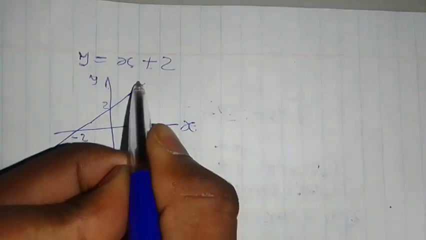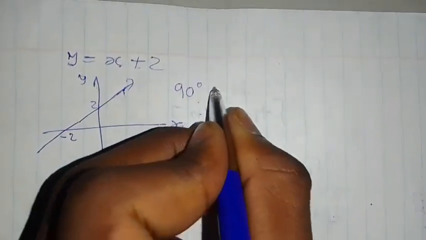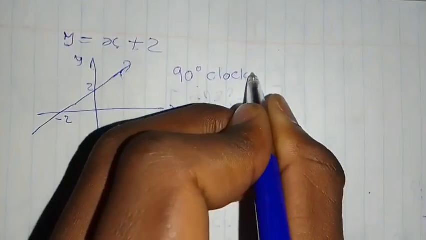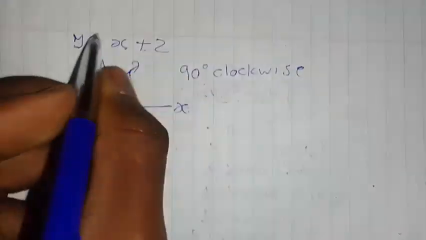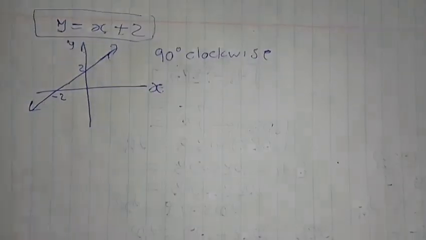Now this function, let's say we want to rotate it 90 degrees clockwise. What will be the new function if I rotate this function like this?